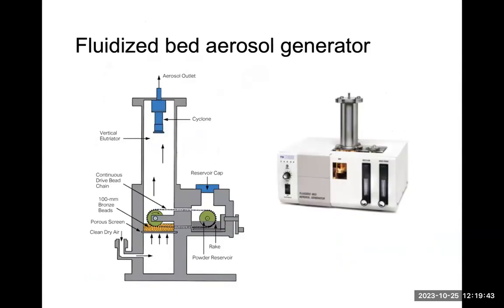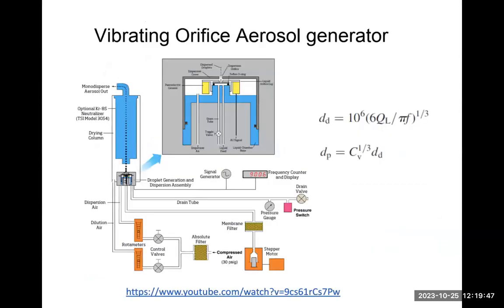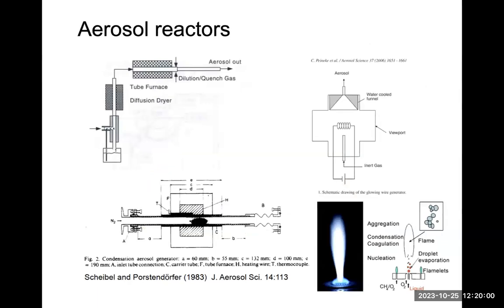We have been introducing these methods that either convert liquid into aerosols through evaporation, or through the physical process of suspending it. There are also other types of aerosol generators that rely on phase change or chemical reaction to produce the aerosols.